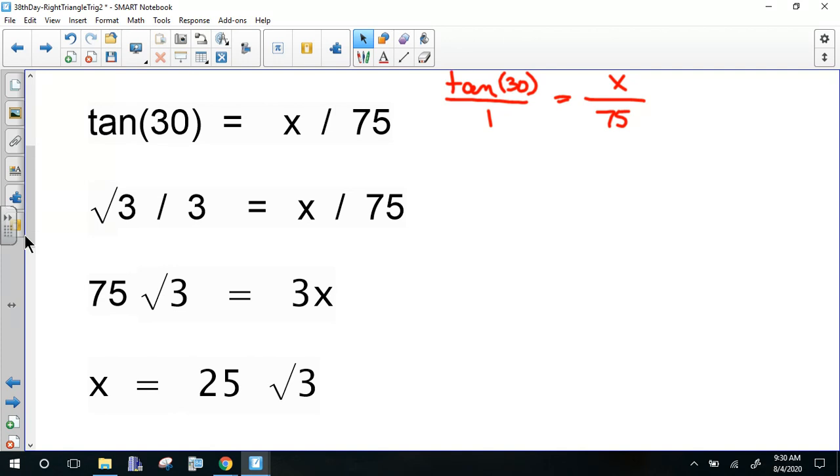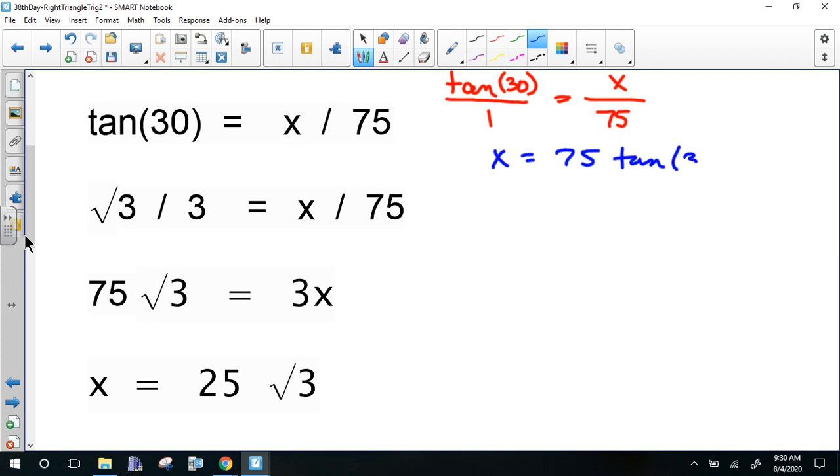Let me tell you the difference. If you work it this way, you're going to need to put this in a calculator and get a decimal answer.